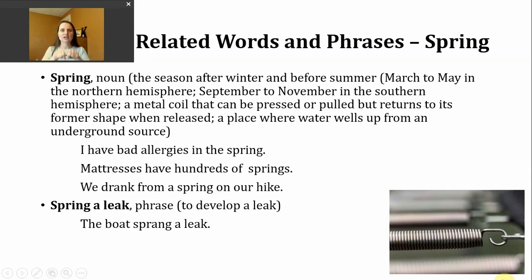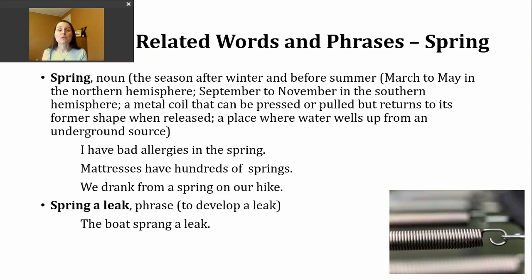You can imagine someone either pulling it or pushing it together, but as soon as you let go, it's going to return to its original shape or form. An example of this noun in a sentence could be, mattresses have hundreds of springs. Again, sometimes spring, coil are used interchangeably.